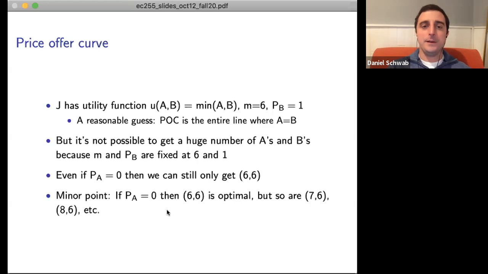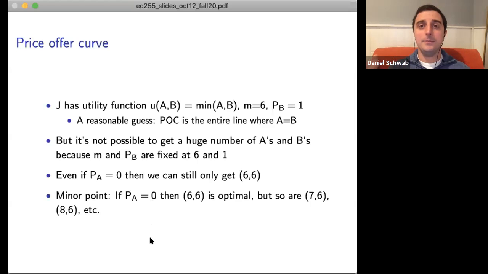So that's the weird extra wrinkle. And I do want to be clear, this is a minor point, right? If you are confused by this last bullet point, don't sweat it. It is definitely not the main focus of this question. But here's the idea. If the price of apples is literally 0, then 6, 6 is optimal, right?